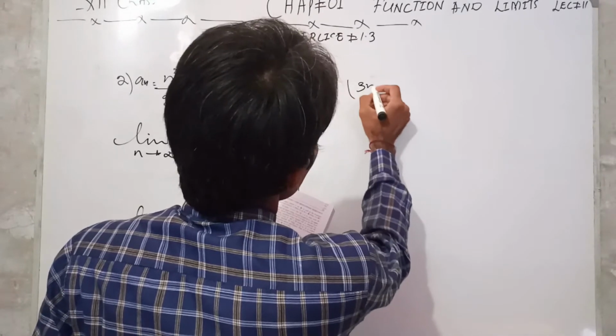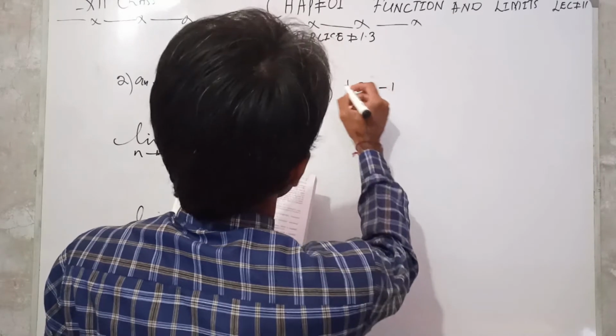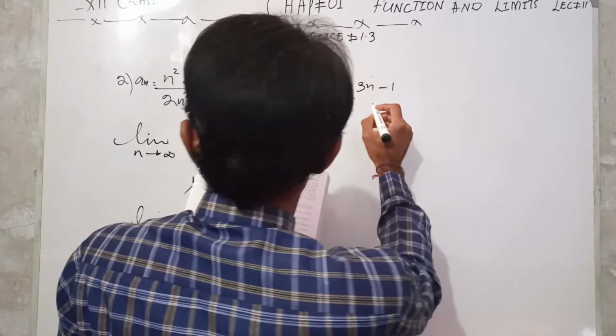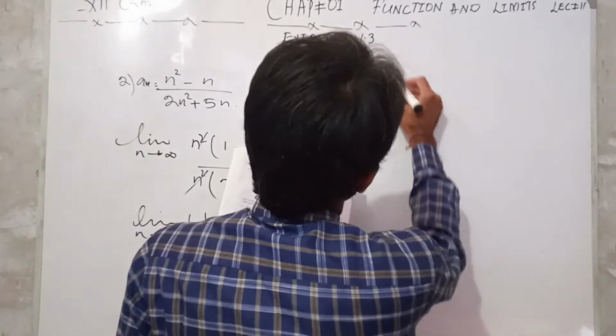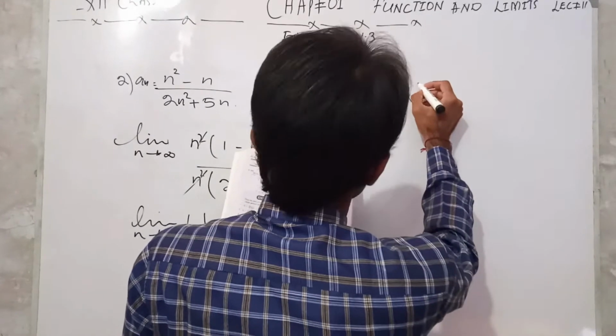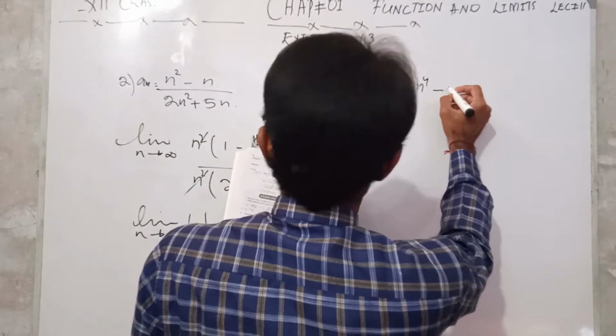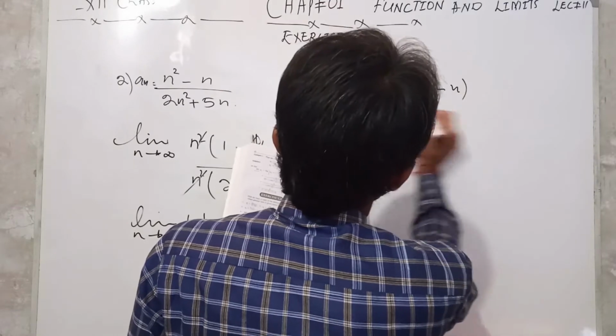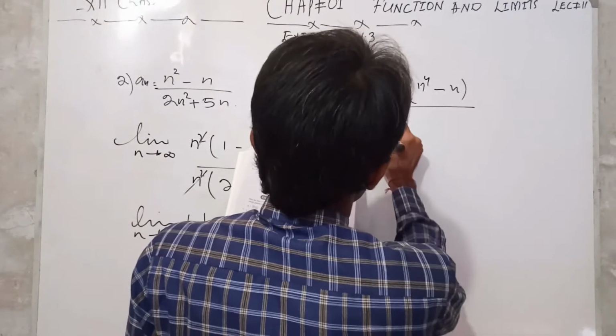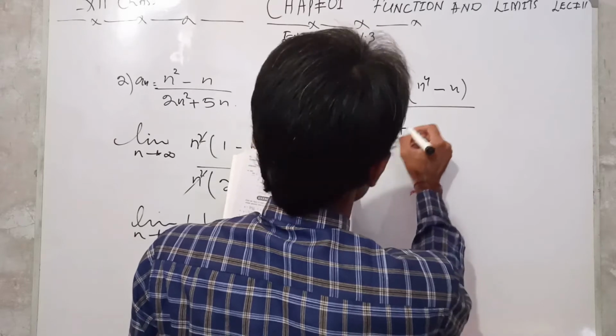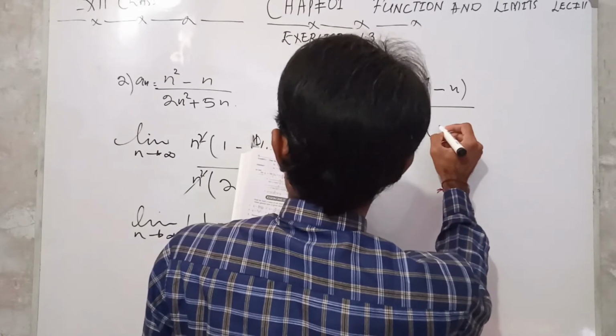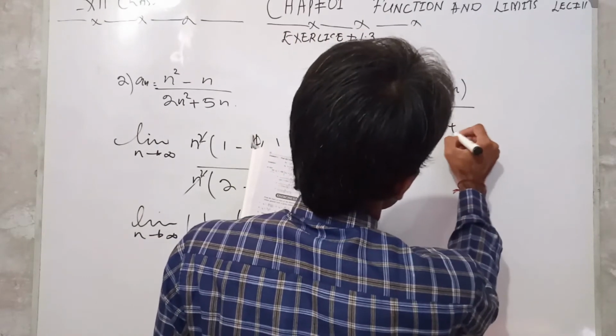Question number 5: the general term is (3n minus 1) times (n power 4 minus 1), divided by (n square plus 2) times (n cube plus 1).